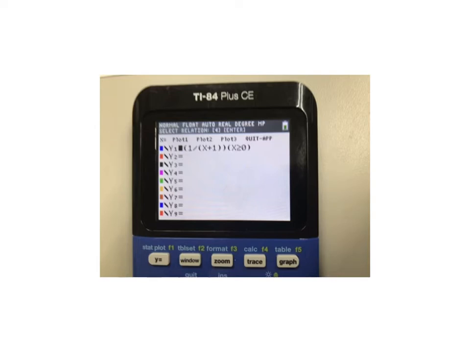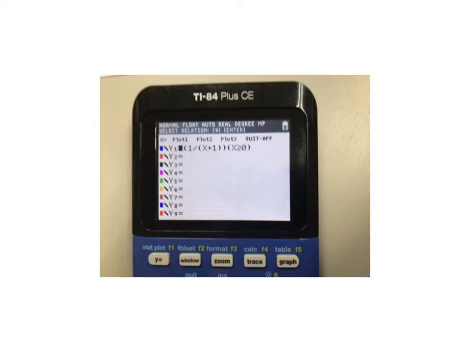And then for the restriction, I open the parentheses again and enter the restriction, which is what? X has to be greater than or equal to 0. So I do x. My greater than or equal to is above the math button under test. So I go to second, test, go to greater than or equal to, and put in the 0.